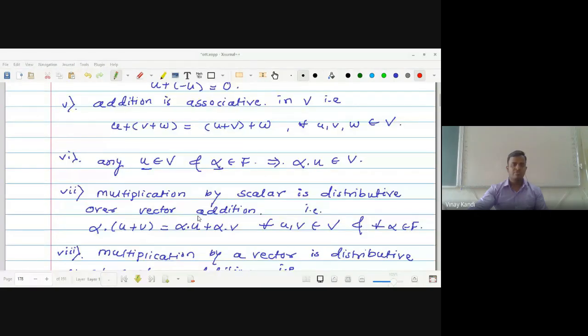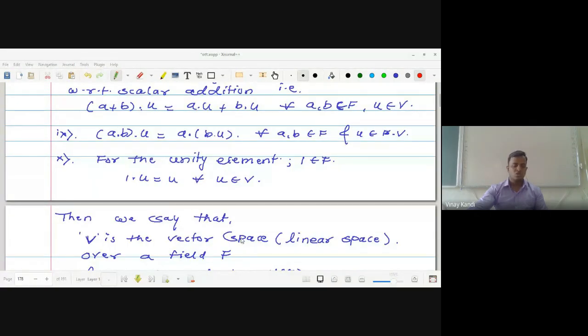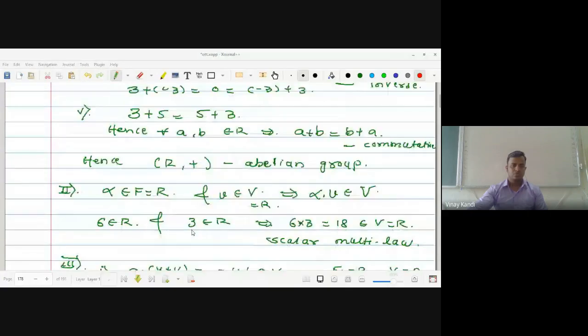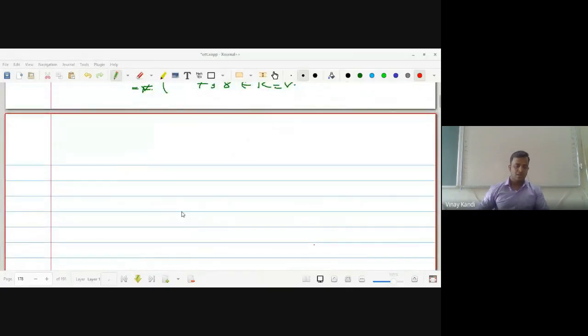So today we will see some more examples of vector space. Example number 1.